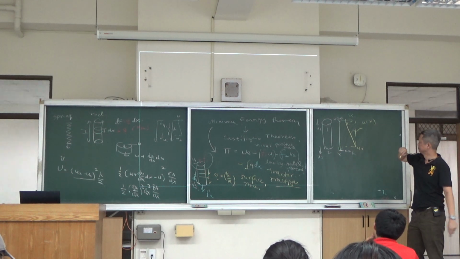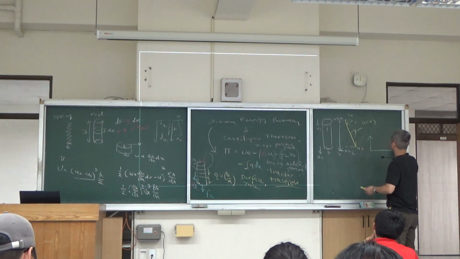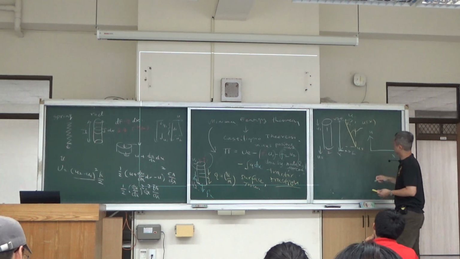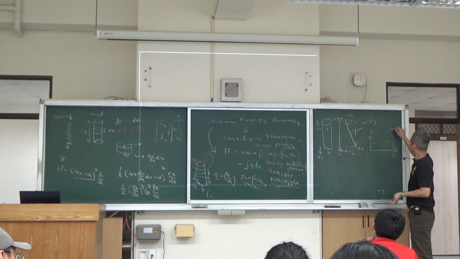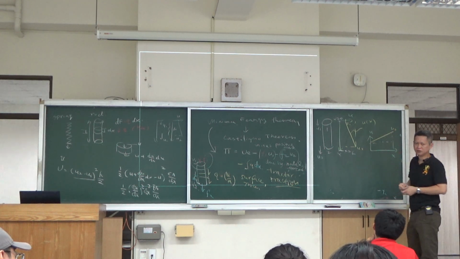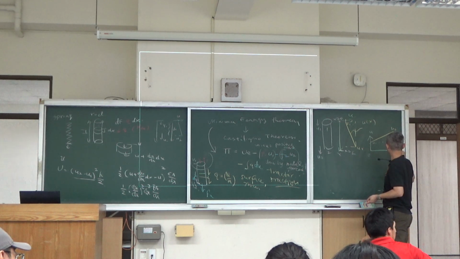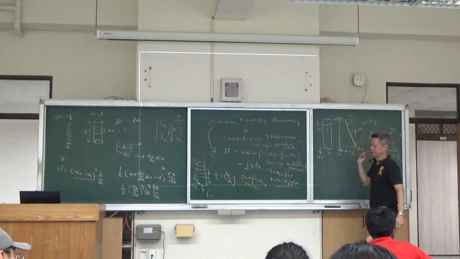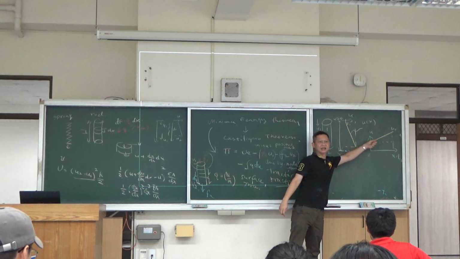If you cannot see this, then why not we draw u against x. This is my u1, this is my u2, and this is my length from 0 to x equal to L. What is the equation for this line?